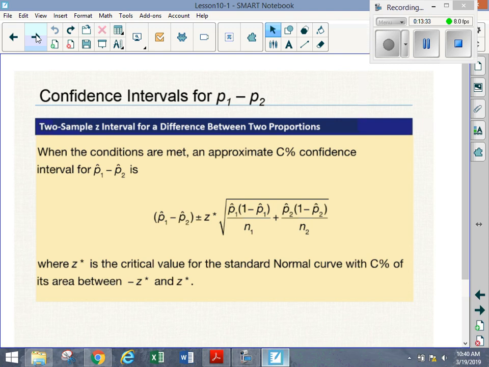So you've got to think to yourself: proportion, confidence interval, your critical value will always be z star. If you are doing a confidence interval for a mean, whether it's a difference of means or one mean, your critical value is going to be a t star critical value. So the same thing is true: always, for a proportion, your critical value is going to be a z star critical value.